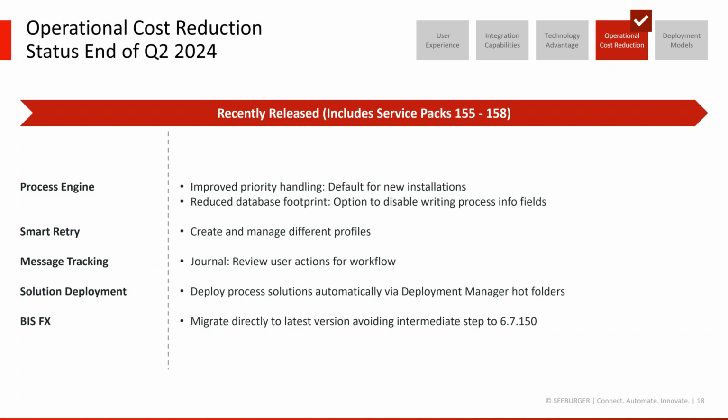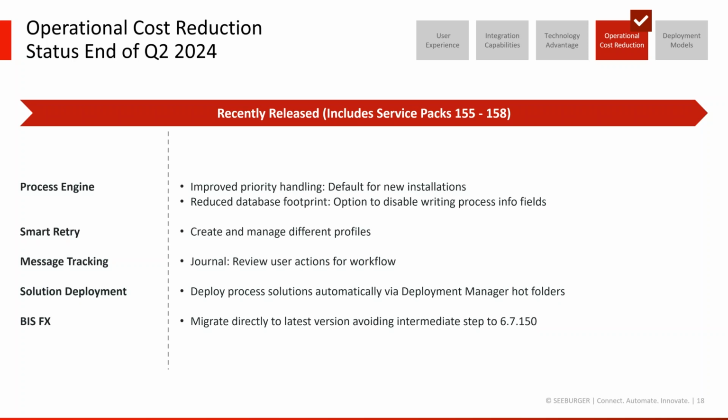We're also further reducing the database footprint. It is now possible to disable writing the process info fields into the database. So once you remove the use of the classic front end in your environment, it is not necessary to write this information to the database anymore.